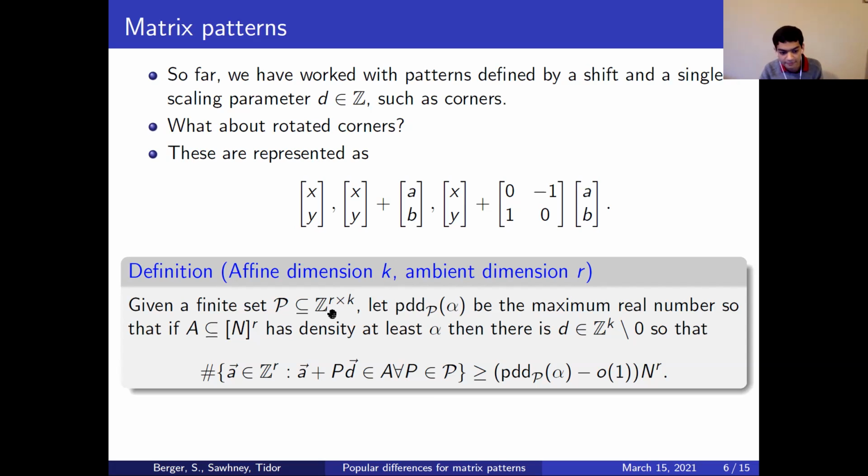So now instead of just r-dimensional points, which are being scaled up and down by a single difference parameter, the natural notion is r by k matrices. So we have some finite set of r by k matrices. And again, we define the popular difference density to be this number such that if I have a set in r dimensions, then there is some non-zero difference vector d in k dimensions, such that this pattern is always inside of our set.